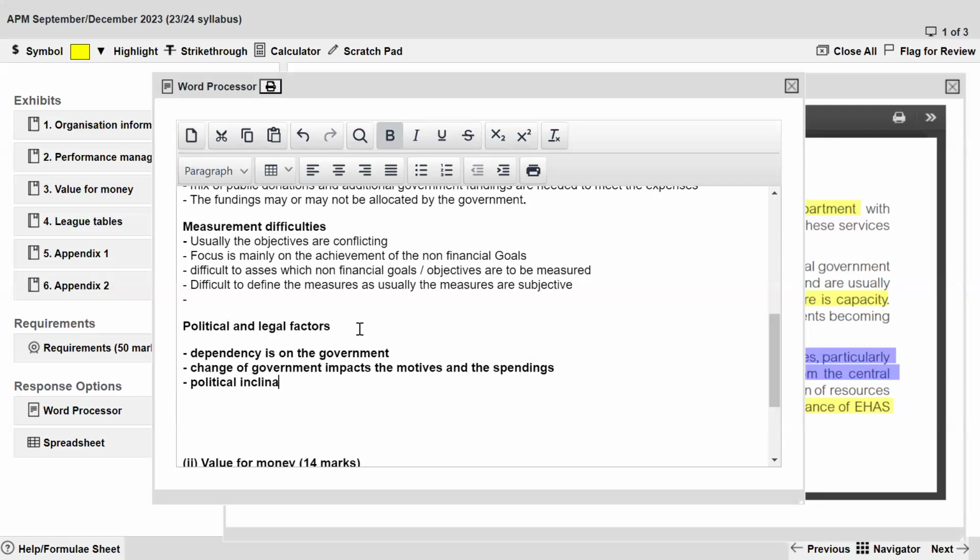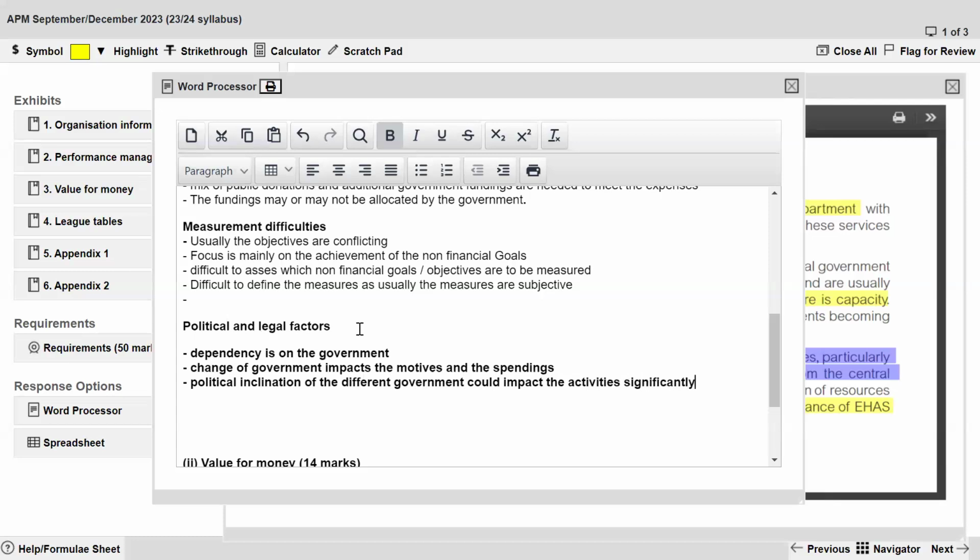Political inclination of the different governments could impact the activity significantly.